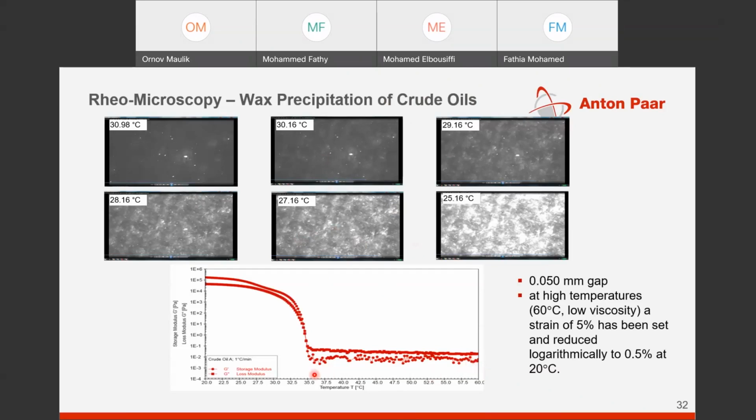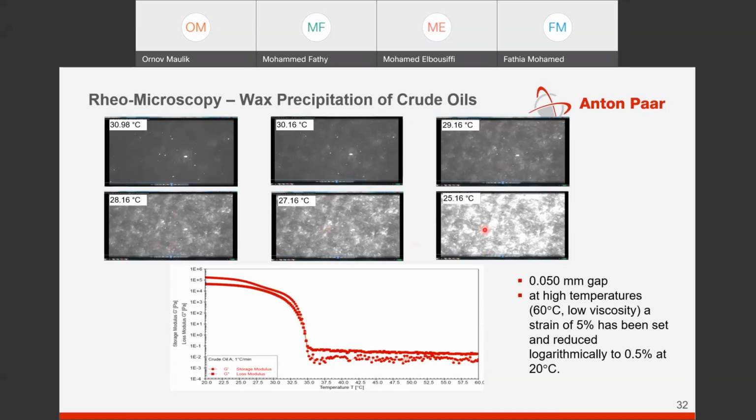As you decrease the temperature, at a certain point, that is 30.98 degrees Celsius, you can see that wax precipitation has started. And if you further lower the temperature, you can see this wax precipitation increases and your wax starts to crystallize.